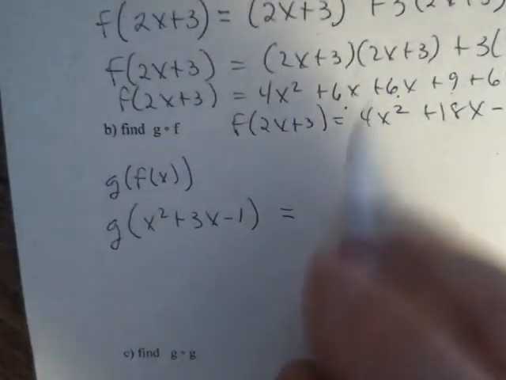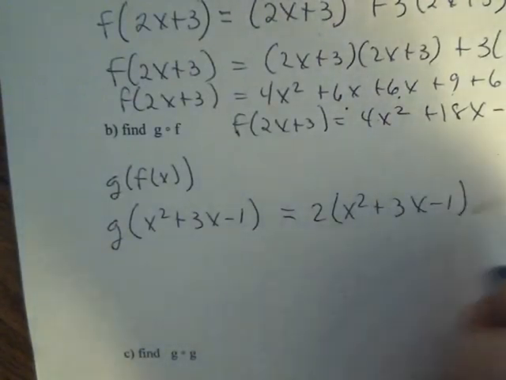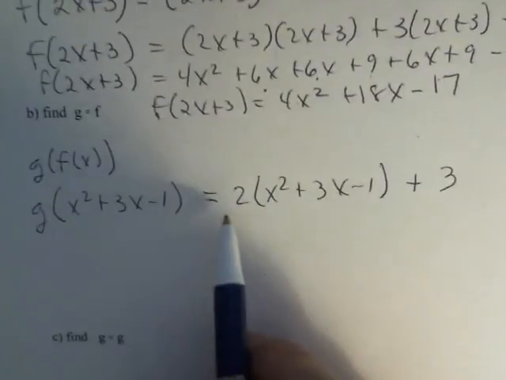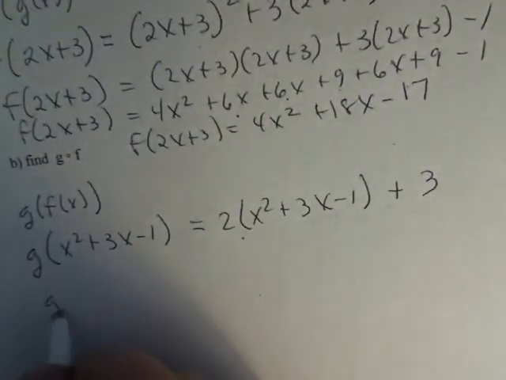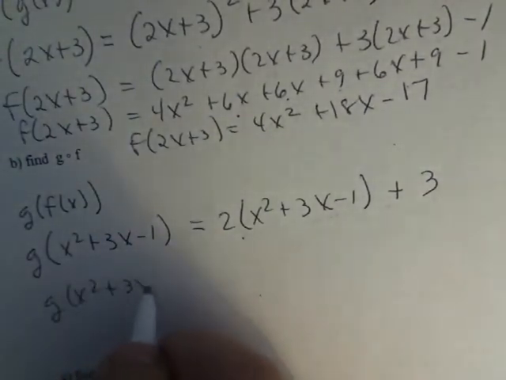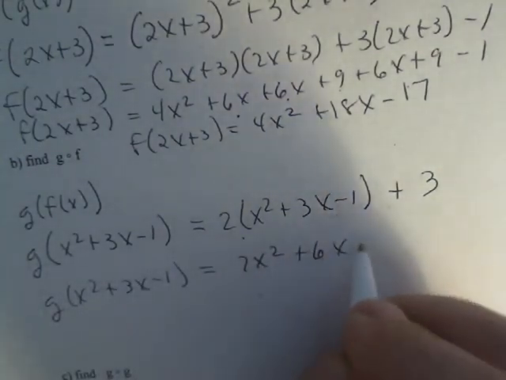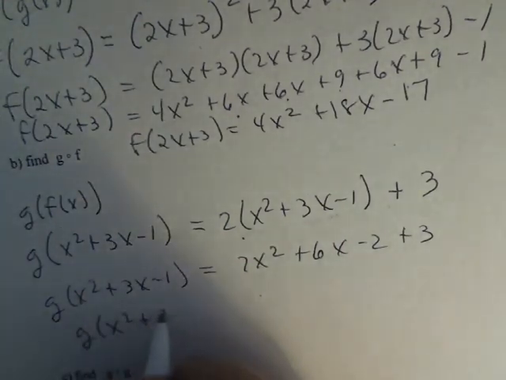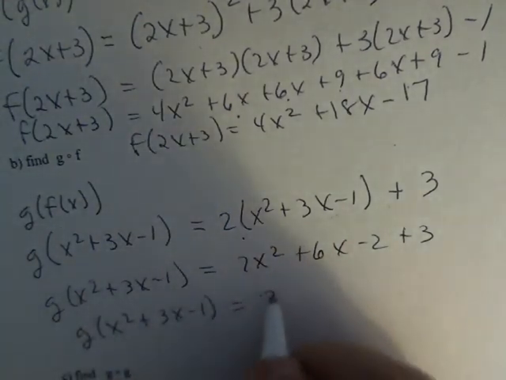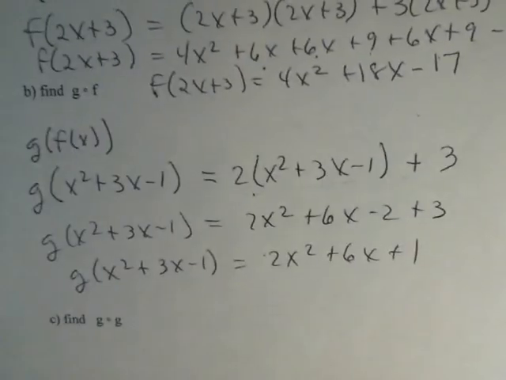So I'm going to take 2 times the x squared plus 3x minus 1 and then plus 3. Simplify the right side and get 2x squared plus 6x minus 2 plus 3. And there we go.